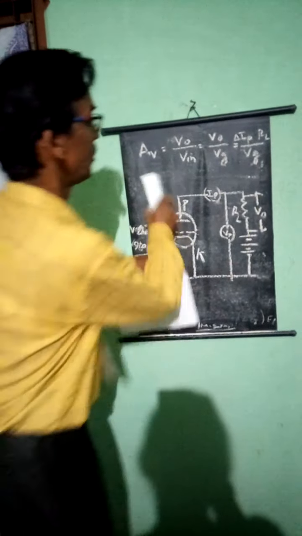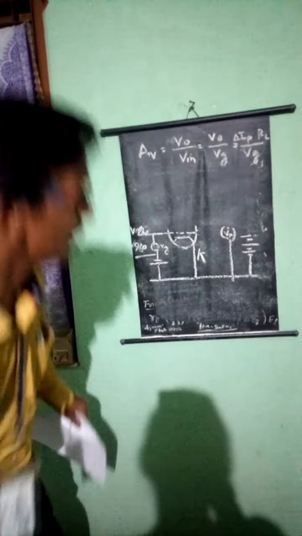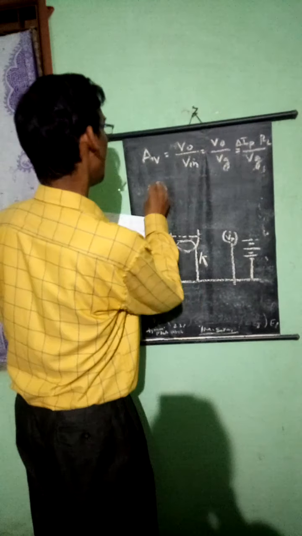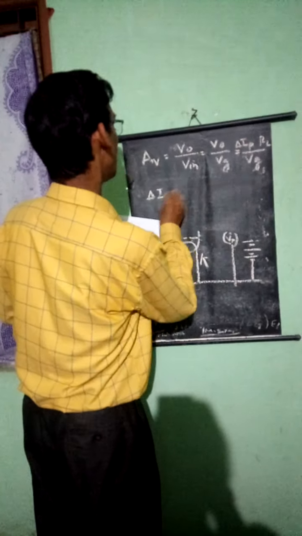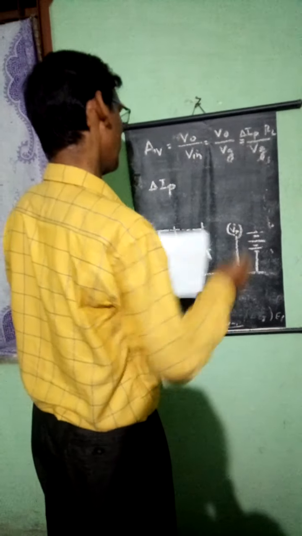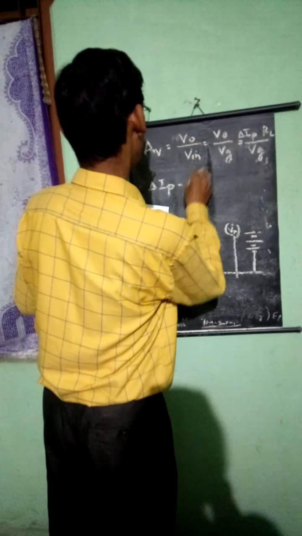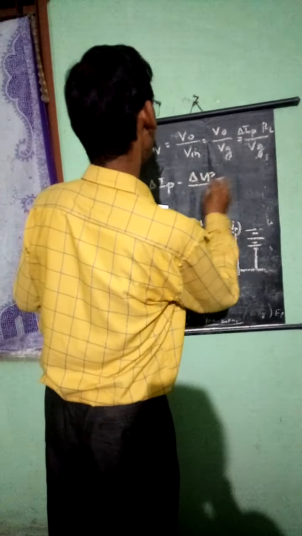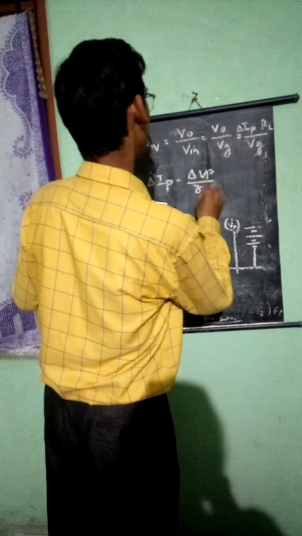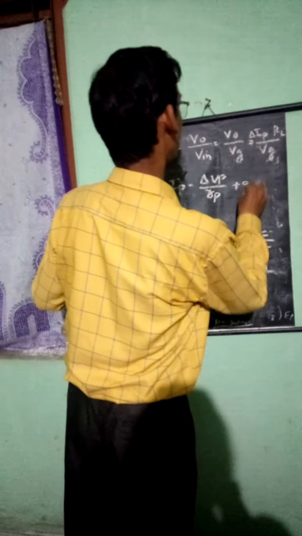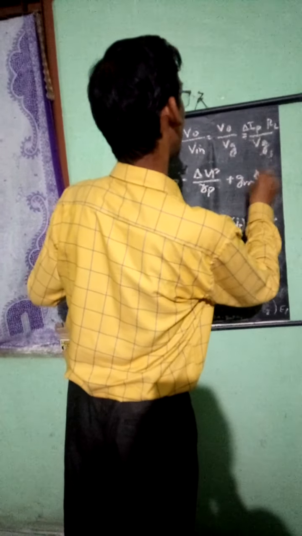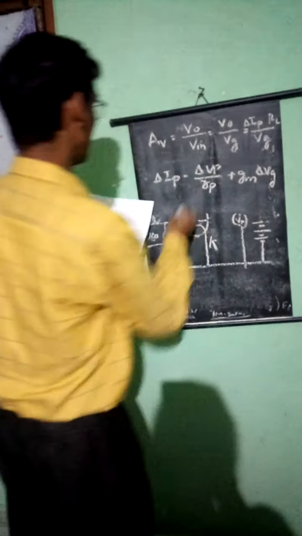What is the plate current exactly? Delta IP is equal to delta Vp divided by Rp, plus the transconductance Gm into delta Vg. This is the delta IP.